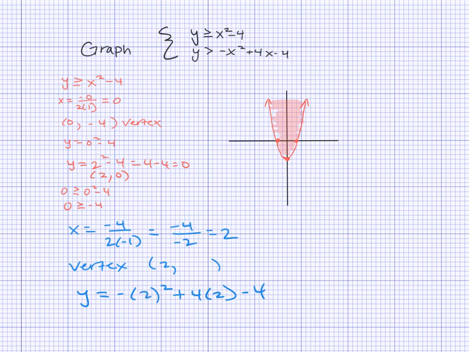Don't forget that we are squaring the x, and x is 2. So when we square 2, we get 4. But because we have a negative here, it's -4. So we have -4 plus 8 minus 4. And it looks like we get our vertex at (2, 0). So there is my vertex.